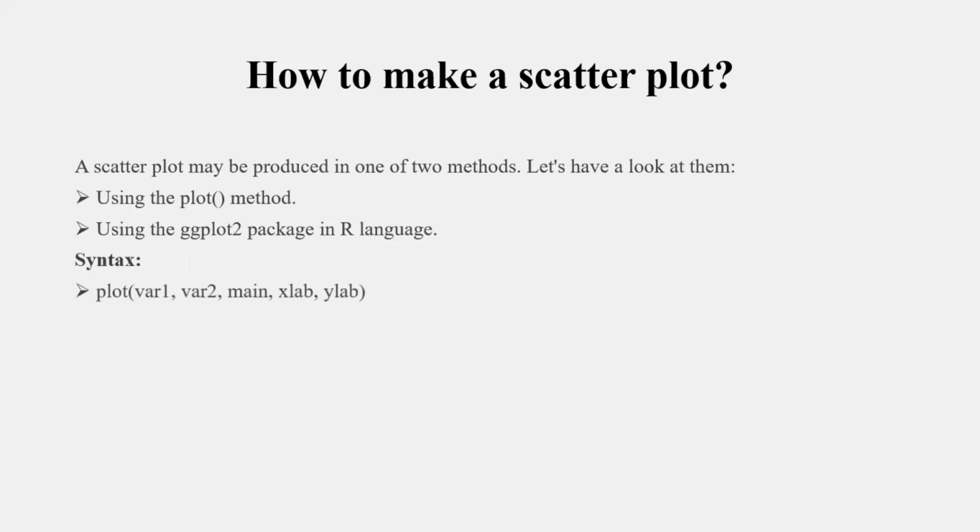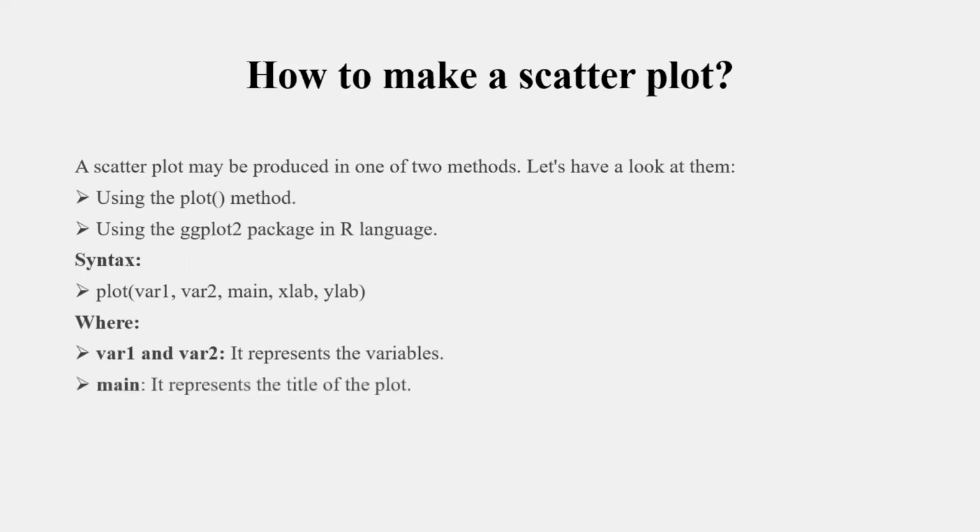First of all, just start with the plot keyword and then pass the variables and some parameters, where var1 and var2 refer to the variables of y-axis and x-axis. Main represents the title of the plot. xlab and ylab represent the labels on x and y axis.